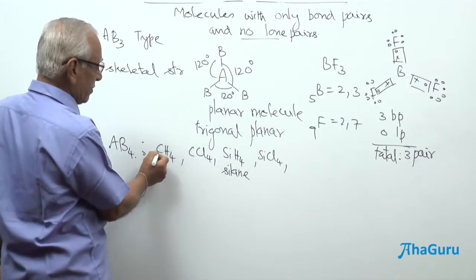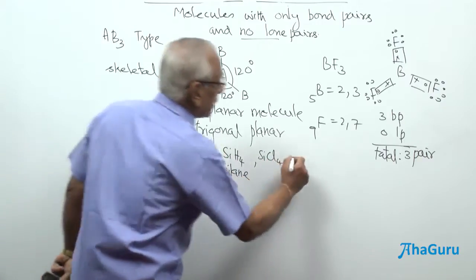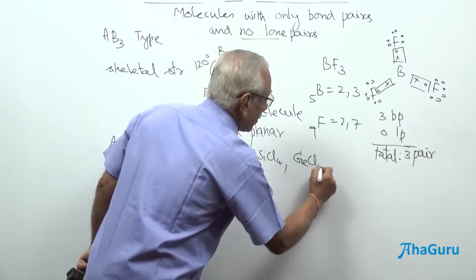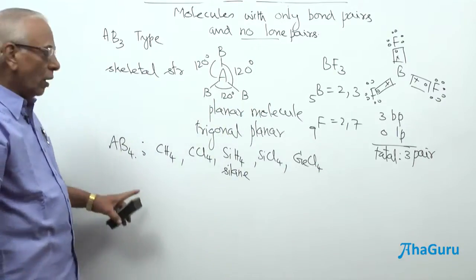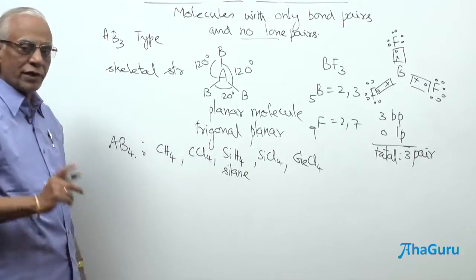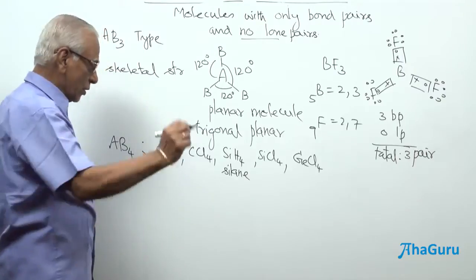I can give you the same element in the same group 14, carbon, silicon. My dear students, I can also give you germanium tetrachloride. All these molecules could be examples of AB4 type. That is, all of them contain 4 bond pairs and 0 lone pair.